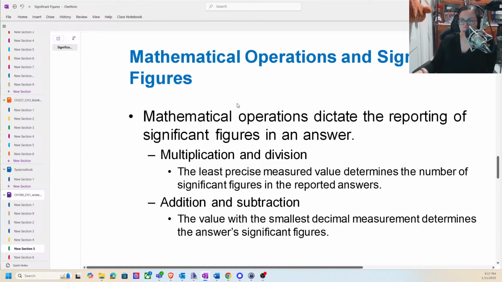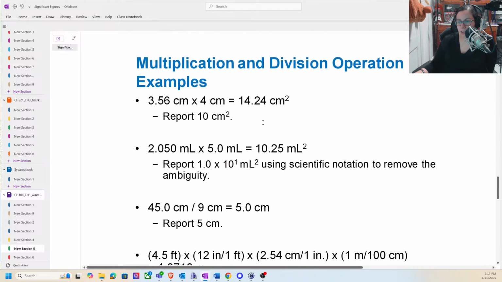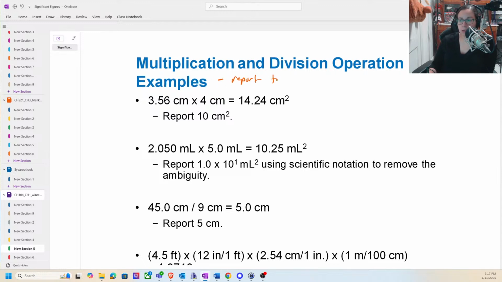Let's look really quickly at how to do our multiplication and division, and then addition and subtraction with our significant figures. And so I like multiplication and division. They're the easiest to understand. And so for these, you always report to the least amount of sig figs.